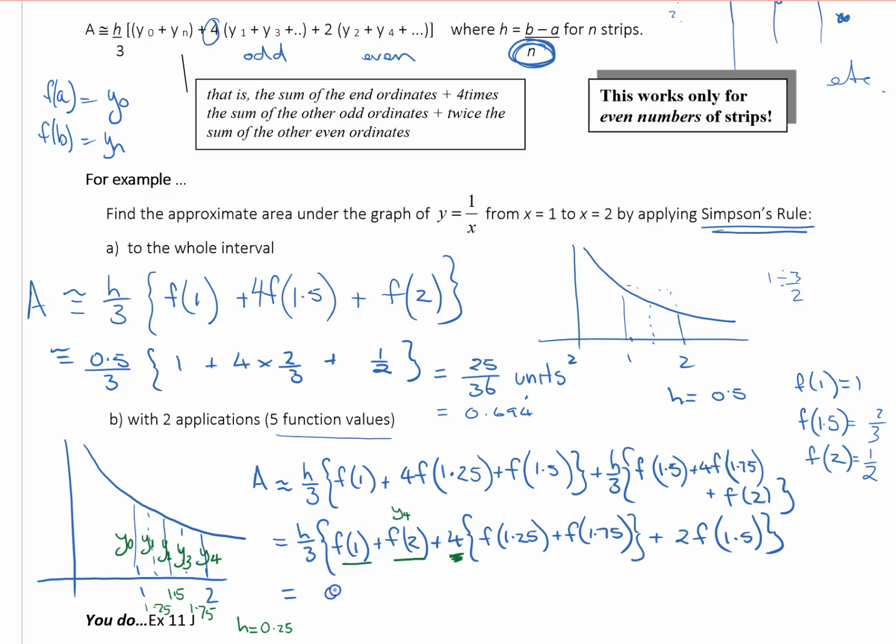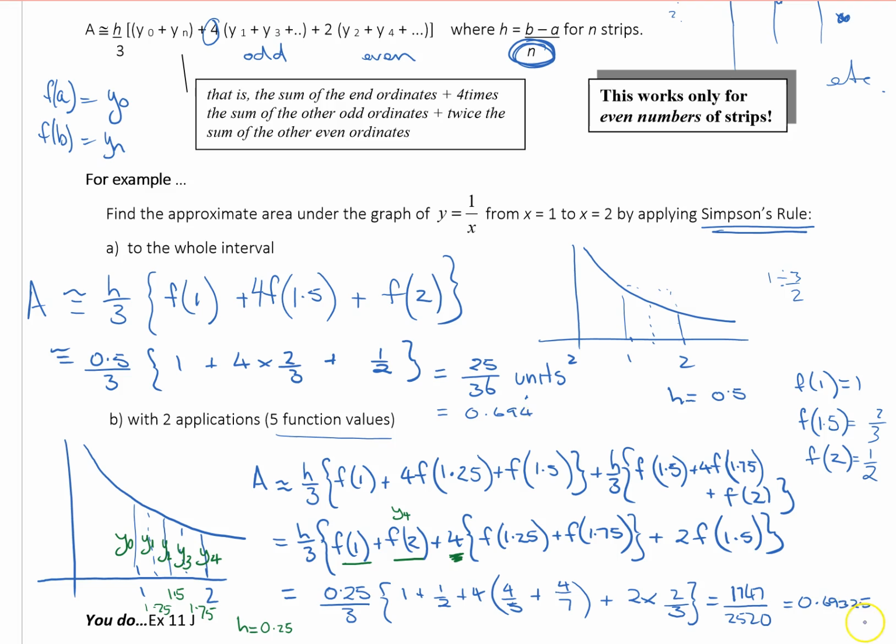So we would have 0.25 divided by 3, f of 1, and I'll pause the video and put those values in. Now putting those actual values into the function and going to my calculator, hopefully I've done it right, and it looks like I have, because now I'm getting 0.69325, and it's similar to this answer.